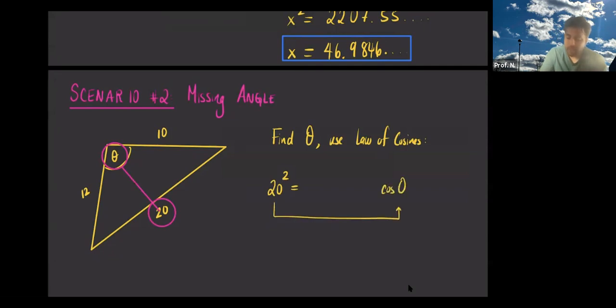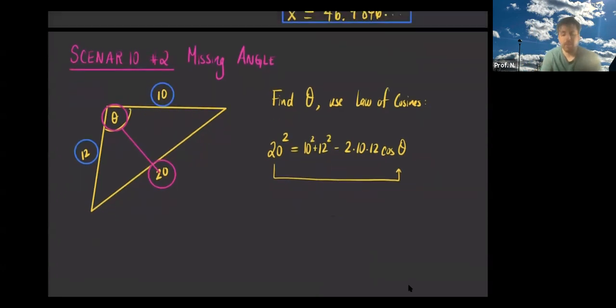It's cosine of theta. Theta is now missing. And then I use everything else. I use 10 and 12 as A and B in our law of cosines formula. So this will be 10 squared plus 12 squared minus 2 times 10 times 12. So I fill in those missing place values for 10 and 12, because 10 and 12 are the other sides that are not opposite the angle.